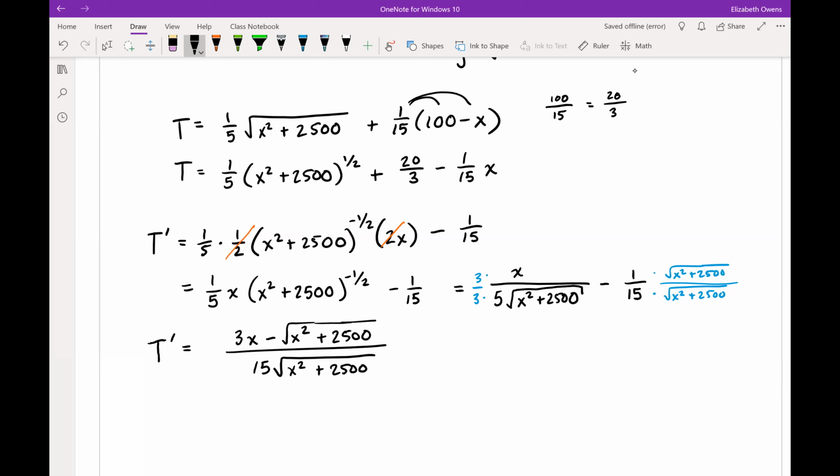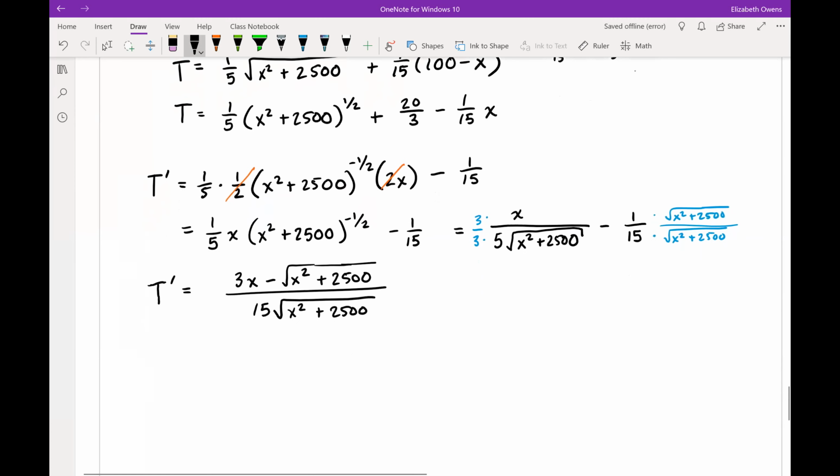Okay, there we go. So from that, we can get our critical points. All right, kind of a long process to get to this point.